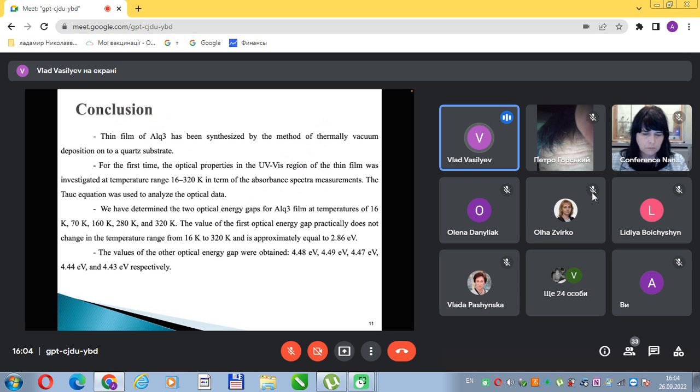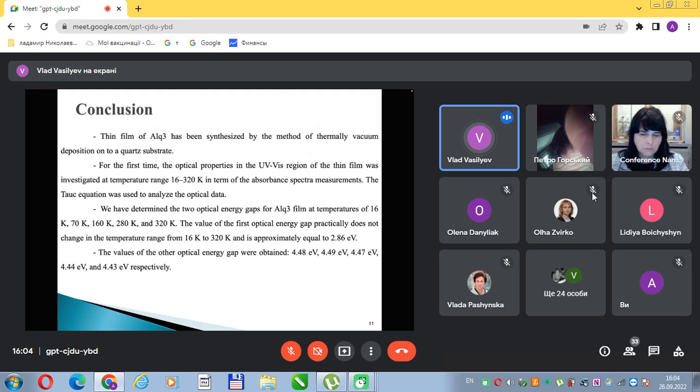And now I can just summarize the main points again. Thin films of aluminium Q3 have been synthesized by the method of thermal vacuum deposition onto a quartz substrate.